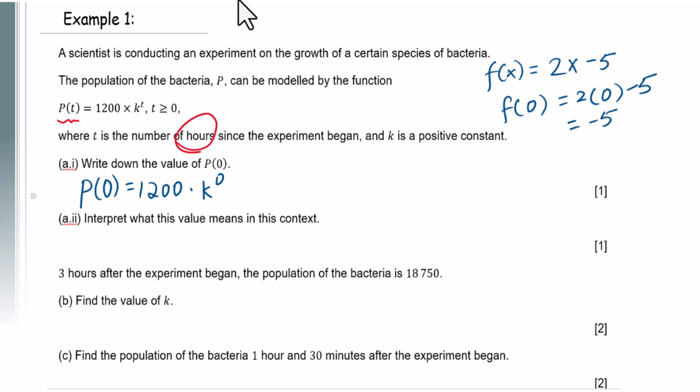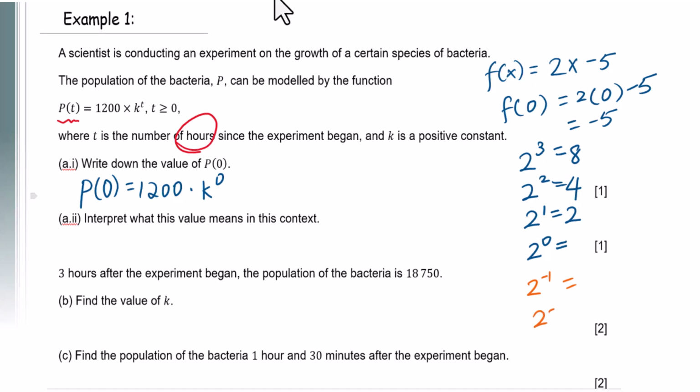We do know 2 to the 3rd power equals 8. 2 squared equals 4. 2 to the 1st power equals 2. 2 to the 0th power equals? We can use the trend to figure out 2 to the 0th power, 2 to the negative 1st power, 2 to the negative 2nd power.